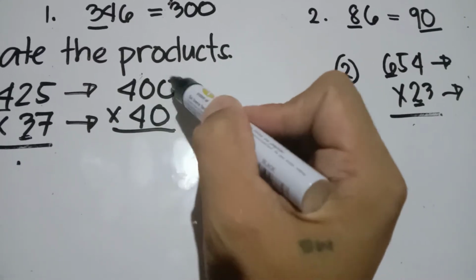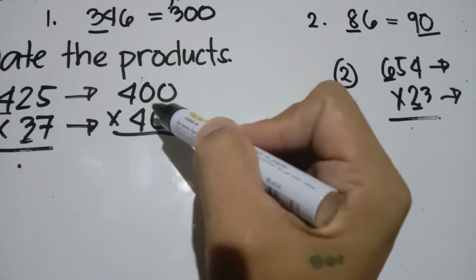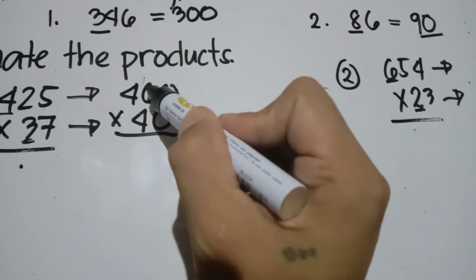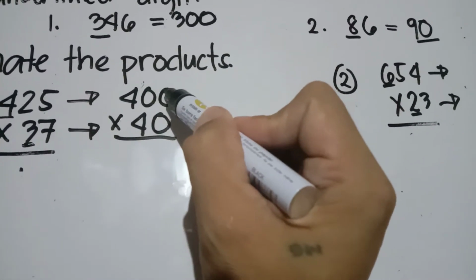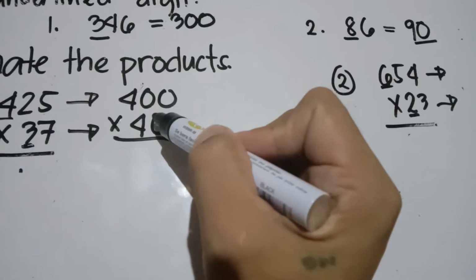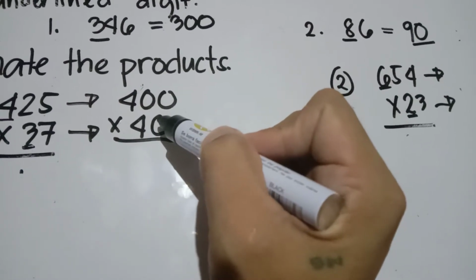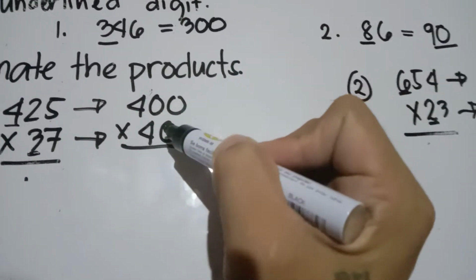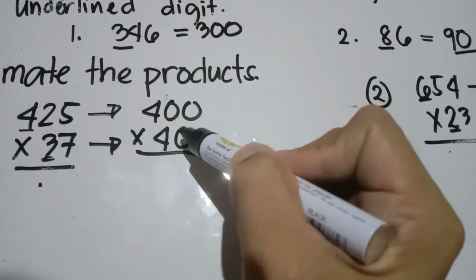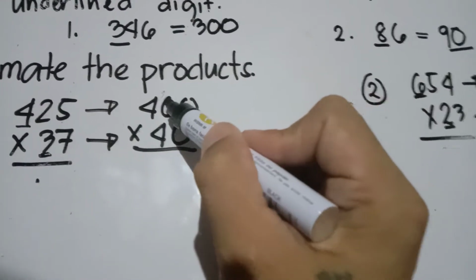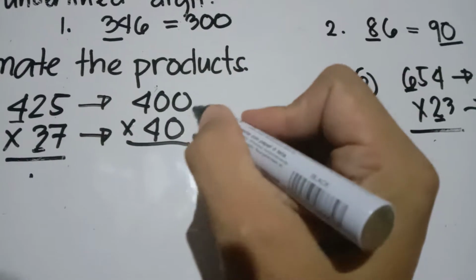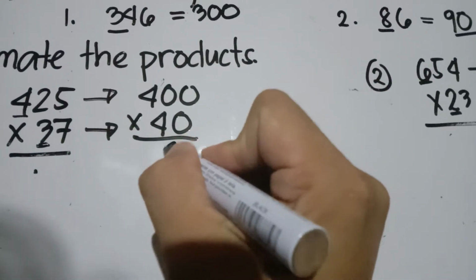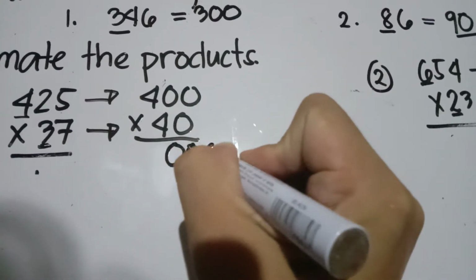But in this case, para mas mapabilis, maaari po natin kokopyahin yung number of zeros na nasa factors. So let's count kung ilang zeros ang makikita natin sa factors. We have 1, 2, 3. So tatlo yung zeros. We are going to write 3 zeros here in the answer.